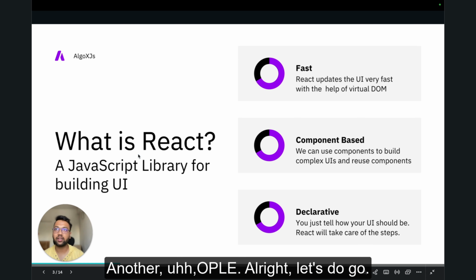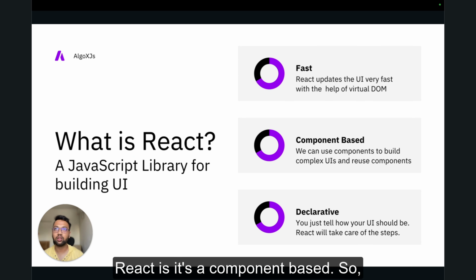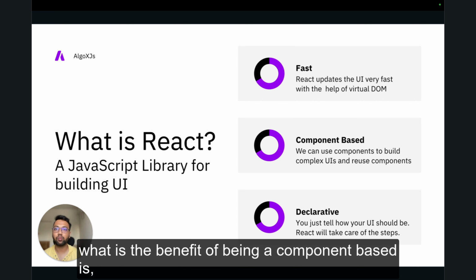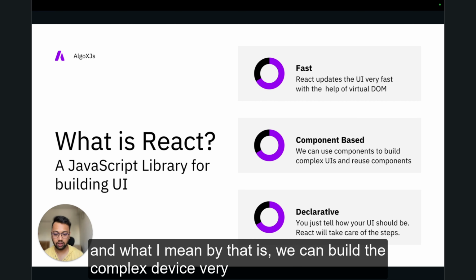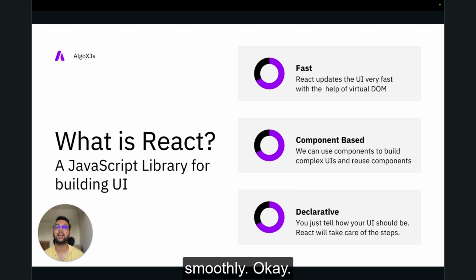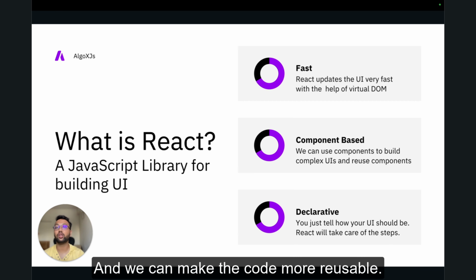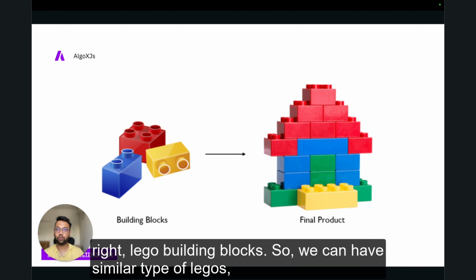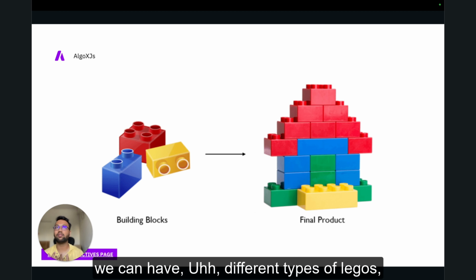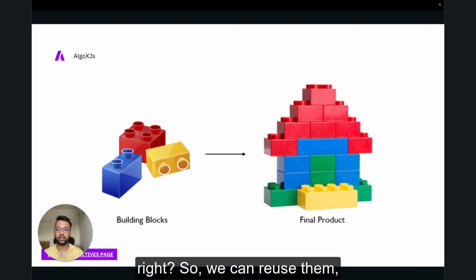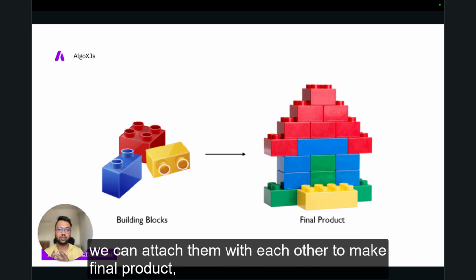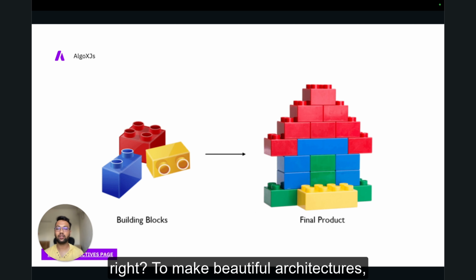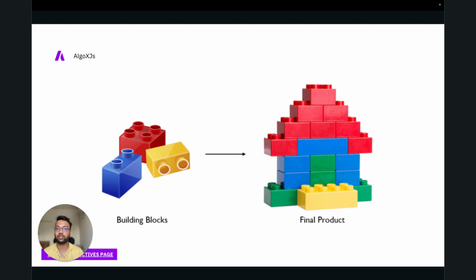Another characteristic of React is that it is component based. What I mean by that is we can build complex UIs very smoothly and make the code more reusable. For example, imagine it as Lego building blocks. We can have similar types of Legos and different types of Legos. We can reuse them and attach them with each other to make the final product, to make beautiful structures we want.